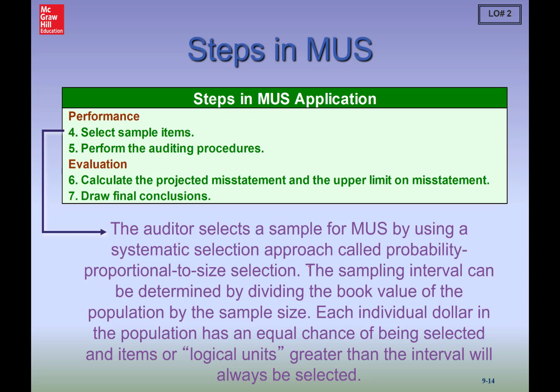And we have $5,000. 500,000 divided by 100.